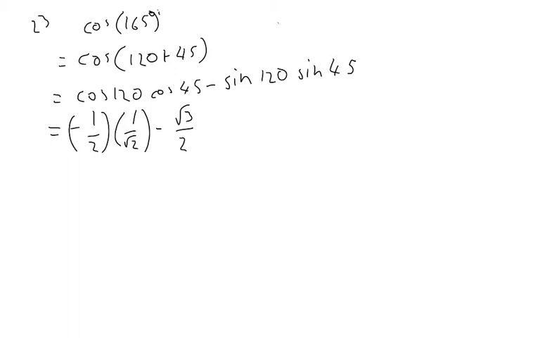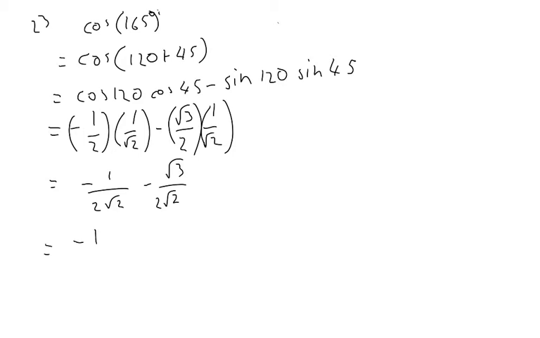Sin 45 is 1 on root 2. So that equals minus 1 over 2 root 2, take root 3 over 2 root 2.